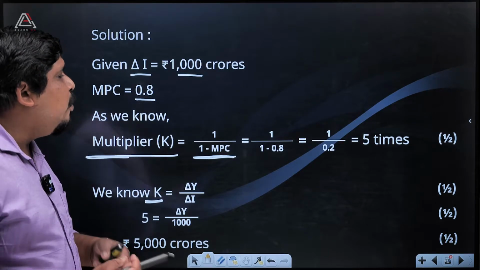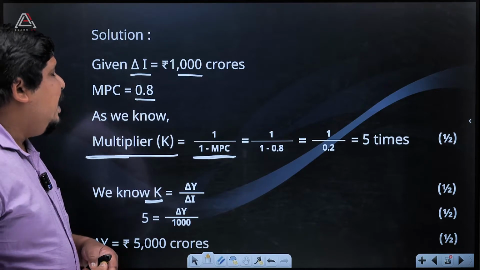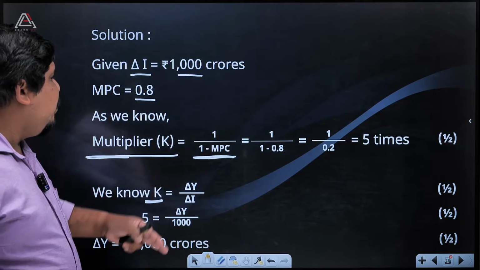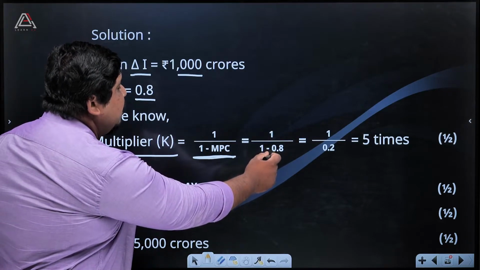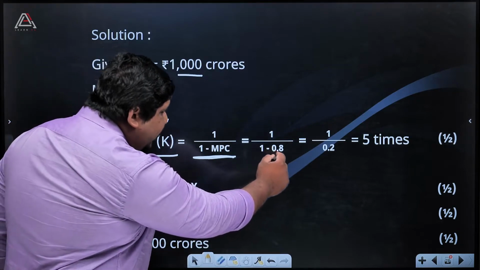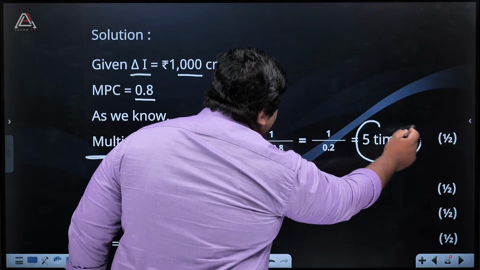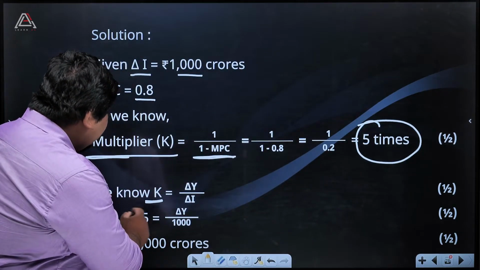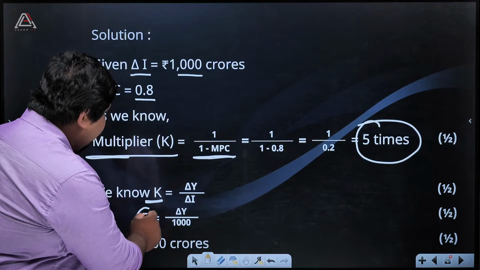Multiplier means how many times income is increasing compared to how much the investment is increasing. Once we know the MPC, we can find out the multiplier. We are solving this and getting the multiplier, that is 5 times. 5 times is the multiplier. So K is 5.